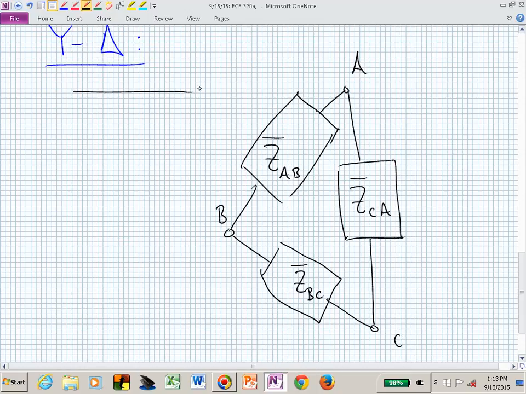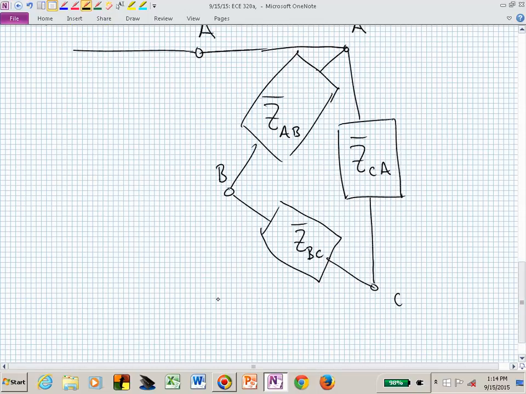And now I have, is it okay if I do that? That's the same point. I'm just stretching my line. No impedance loss there. And here's C, the same C. But now if I expanded on back, my source would be a Y connection. I'm not going to take the time to do that. But here is my line current in the A phase. Here is my line current in the B phase.